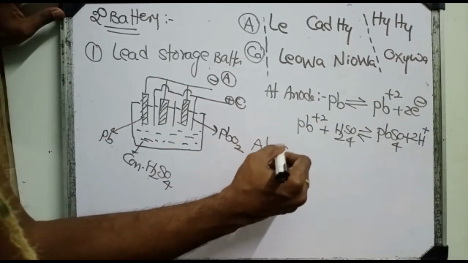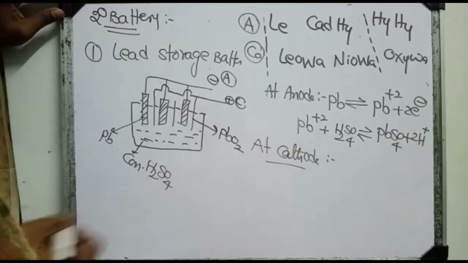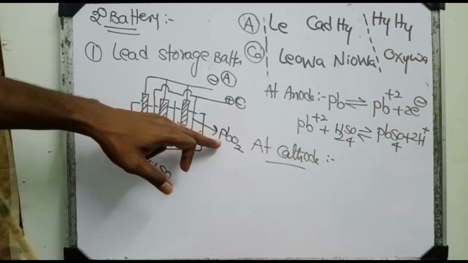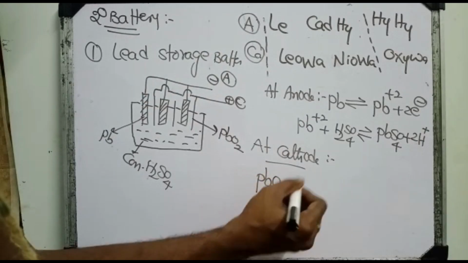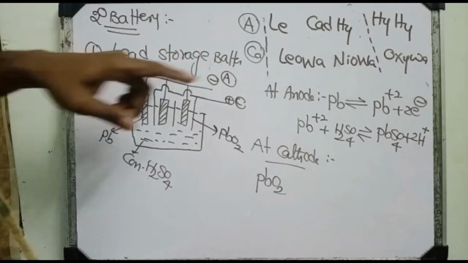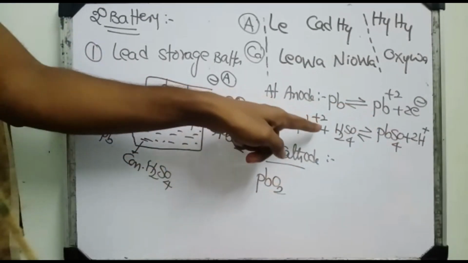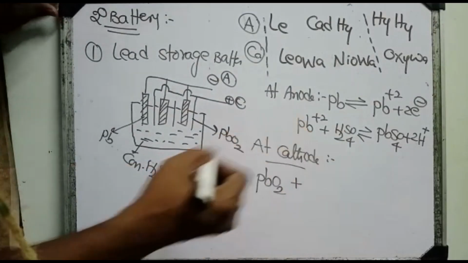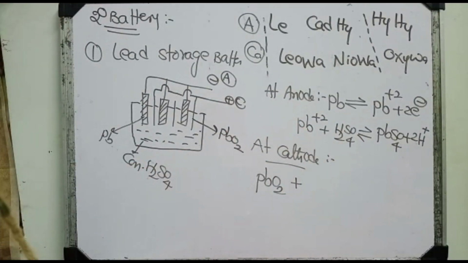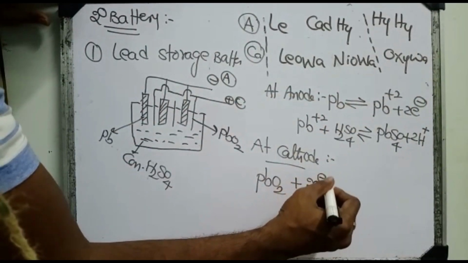Now at cathode. Who is cathode? PbO2, lead oxide. What comes in at the anode is absorbed, and what is absorbed comes outside. PbO2 absorbs 2 electrons.